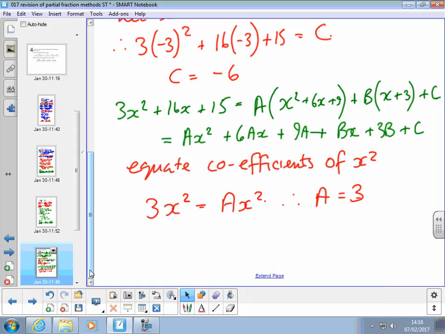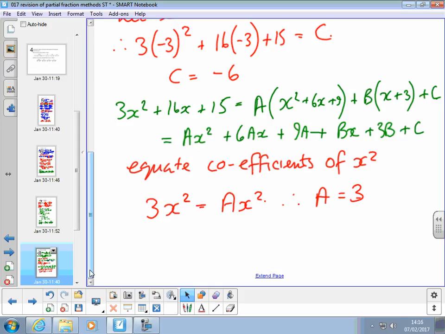And then, following on from that, we've got 16 times x on that side, and we've got 6 times Ax there, and B times x there.